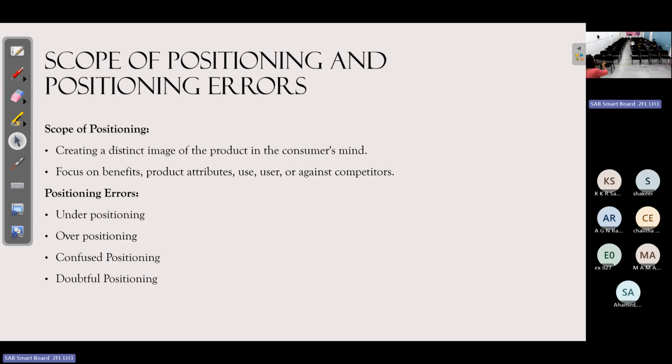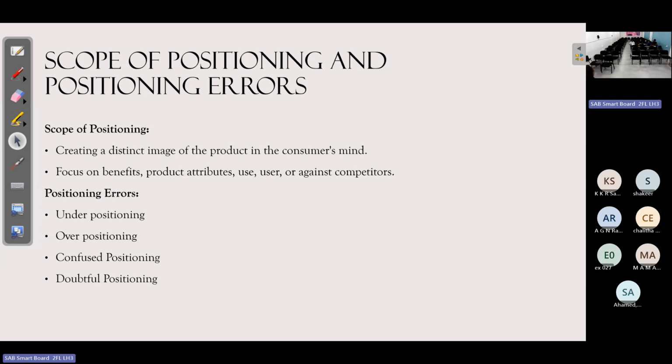Rather than focusing on other benefits and usage, they only highlight how luxurious the product is. They give information only relevant to one specific area, missing out other points. That's what we call overpositioning. They highlight one specific area of the product rather than all.